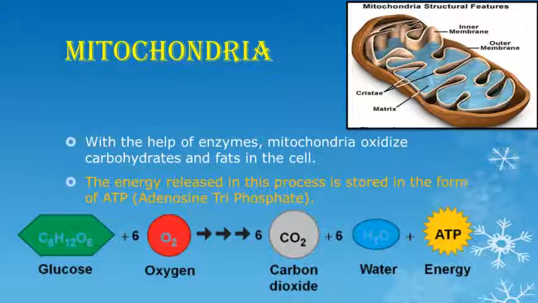This energy is required for the cell to perform different functions in the body. When glucose reacts with oxygen, it gives carbon dioxide, water and ATP. So what is ATP? It is nothing but the energy which is released during the chemical reaction when glucose is oxidized.